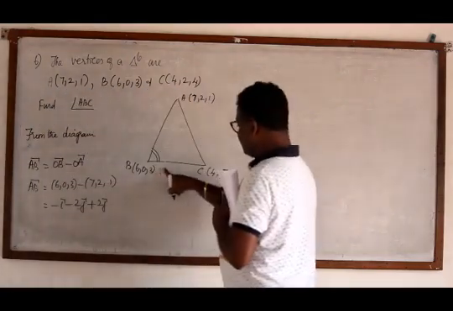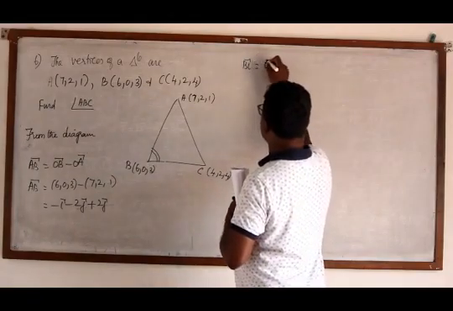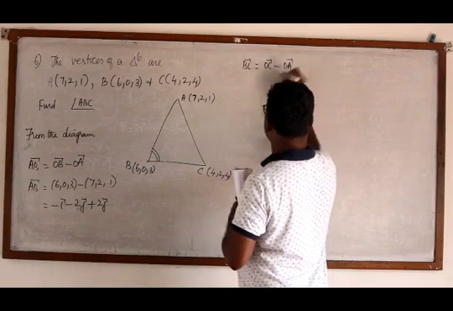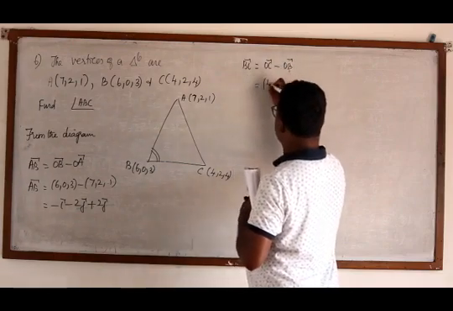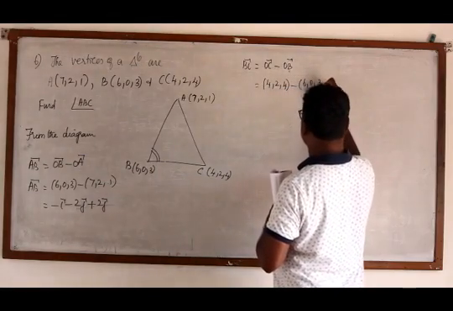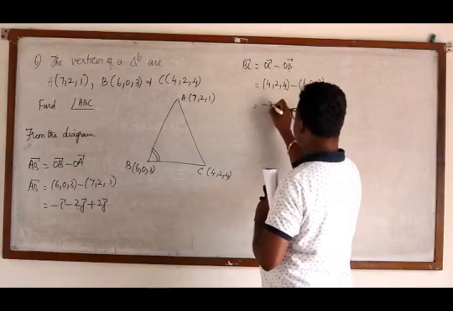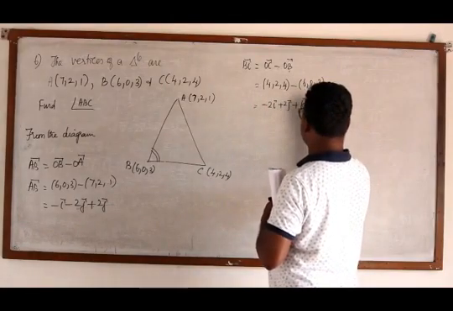Since I need this angle, let me write the BC vector. BC vector is OC vector minus OB vector. OC is (4, 2, 4) minus (6, 0, 3). It is minus 2i plus 2j plus k.